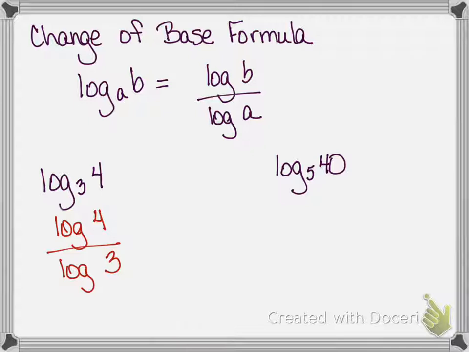So, these are your keystrokes. You're going to put the numerator and the denominator in parentheses. That is a habit that you want to get into now. So then you are going to have parenthesis, log. As soon as you hit log on your calculator, what pops up? Another parenthesis.